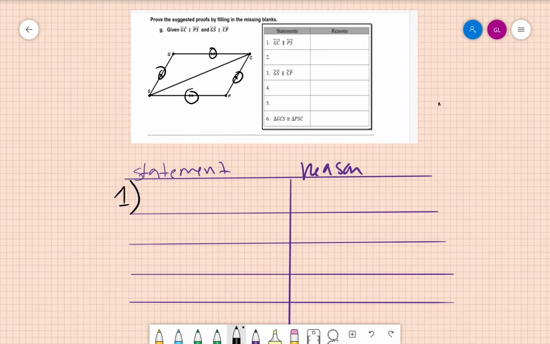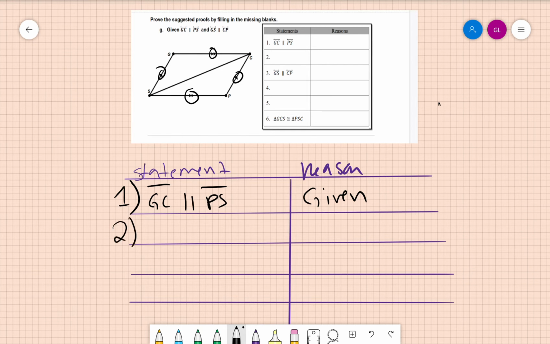We see that line GC is parallel to line PS, and they give you that. Of course, it's given, but now you want to start seeing, and we can already tell that we're not looking at supplementary angles. We don't really have a diagram set up for that. So you want to get into your mind the 4 congruent angles. Which ones can we look at from here?